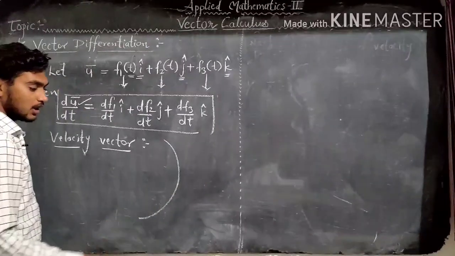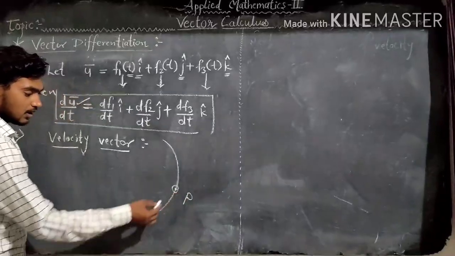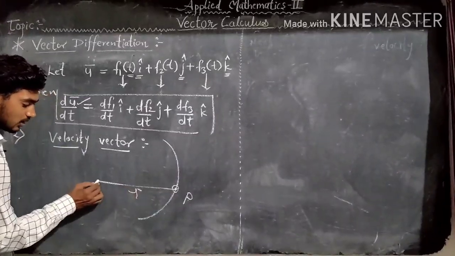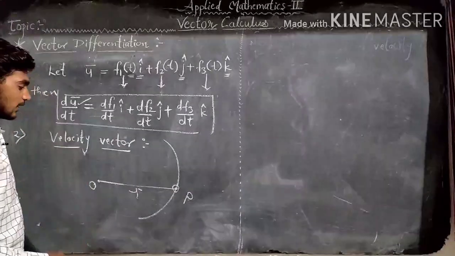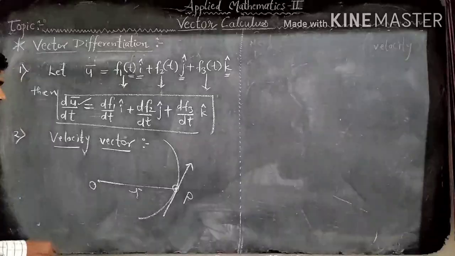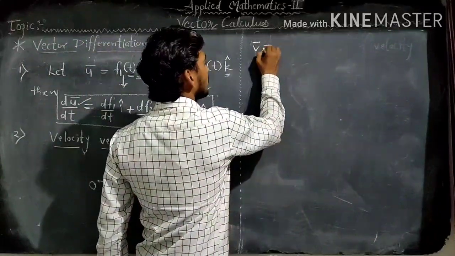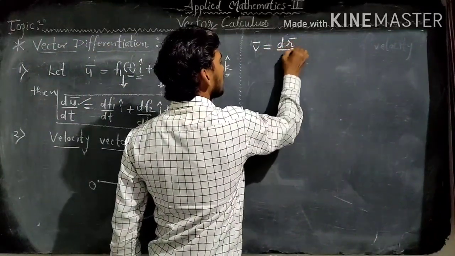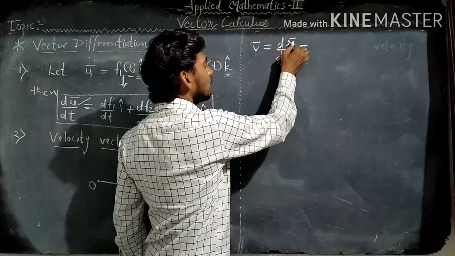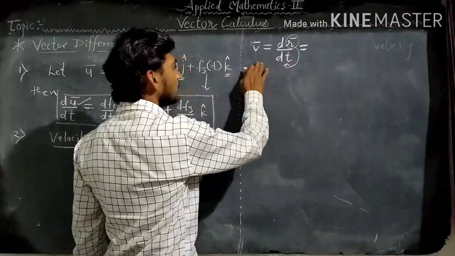Consider any curve in which suppose any particle is at point P. The position of this particle is given by position vector r with respect to origin O. Then the velocity is tangential at point P. So we will define velocity vector as vector v given by dr by dt, and we know that velocity is nothing but a rate of change of displacement with respect to time t. So that is our velocity vector.